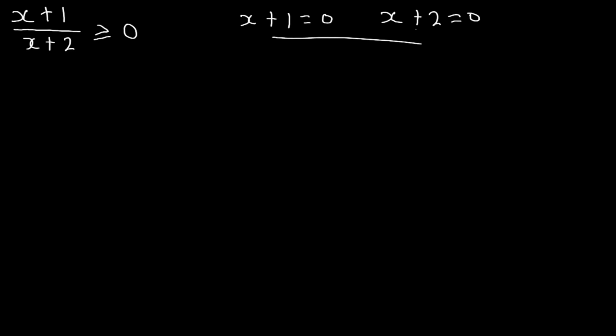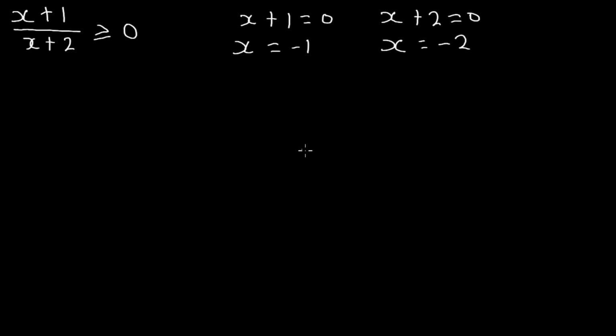We are only doing this to get the critical point, that is, a value that x will be approaching. It might or might not be a solution; in this case, x can never be equal to minus 2. So we have x equal to minus 1 if we bring the 1 to this side, and x equal to minus 2 if we bring this positive 2 to the other side.